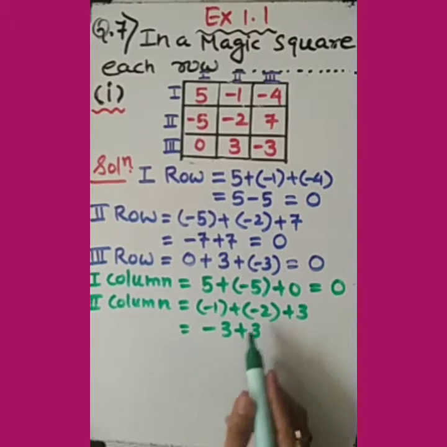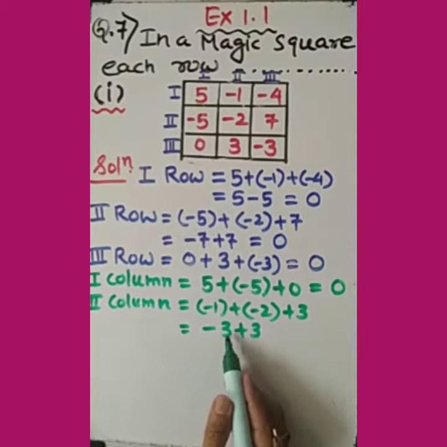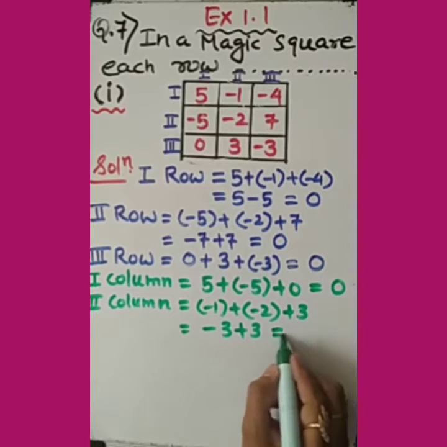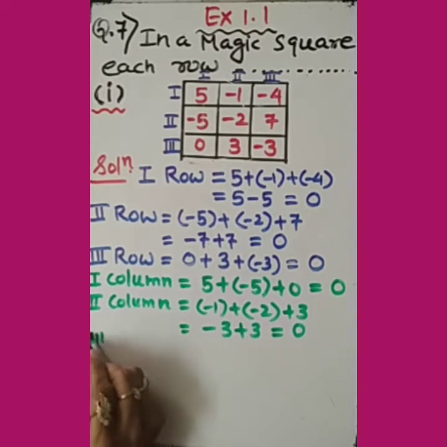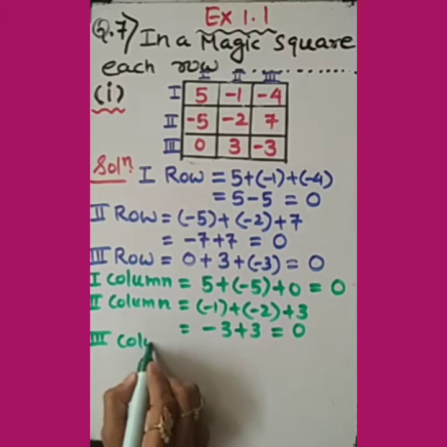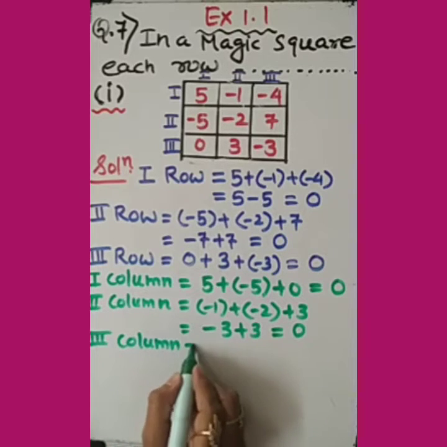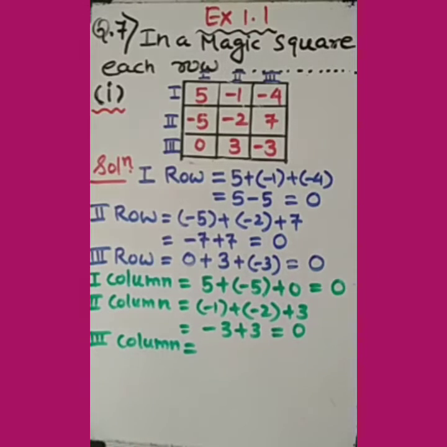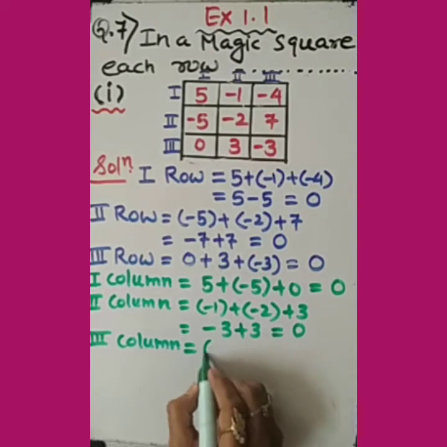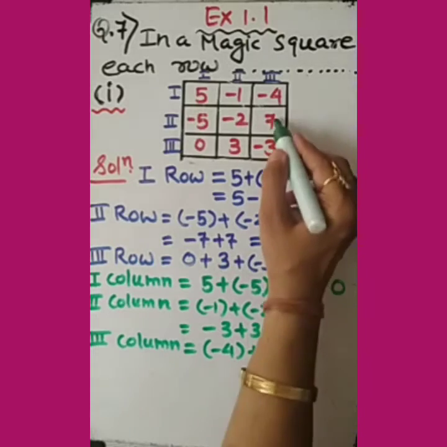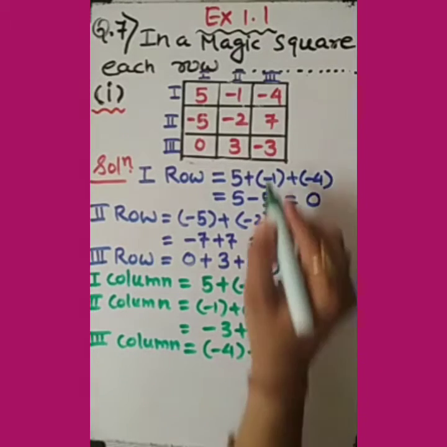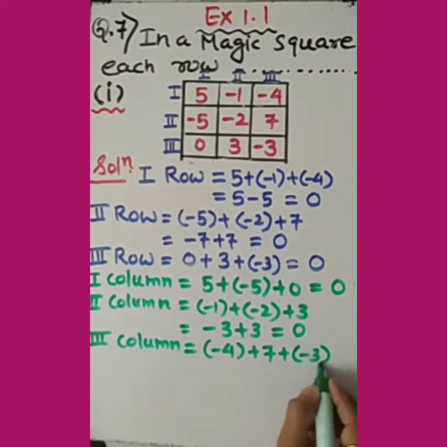Minus 3 plus 3 gives the result 0. Clear to you? Now we'll work out the third column. Observe your question carefully. Here 3 columns are given. The numbers are minus 4, then plus 7, and then here it is minus 3.